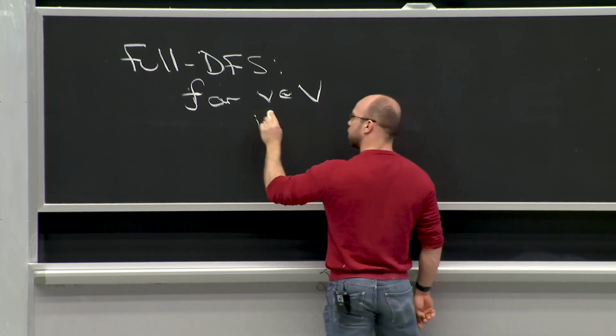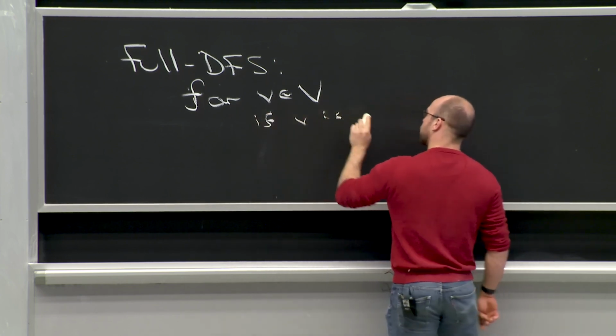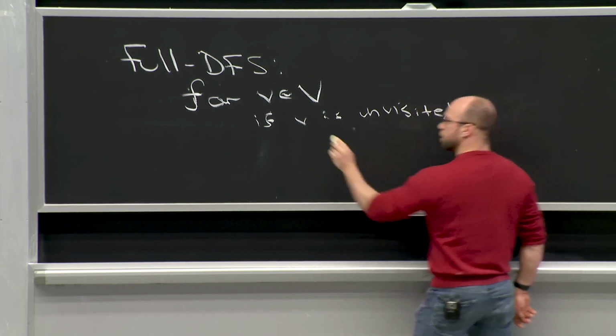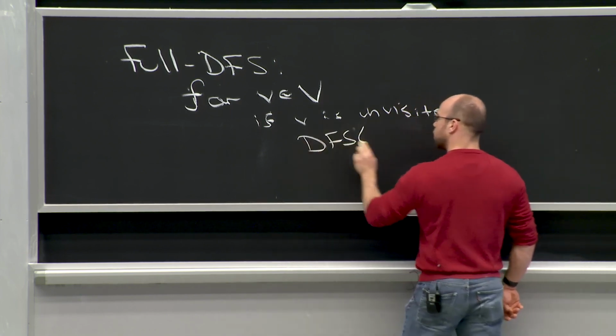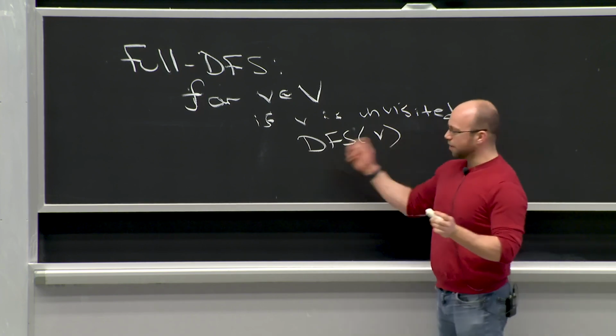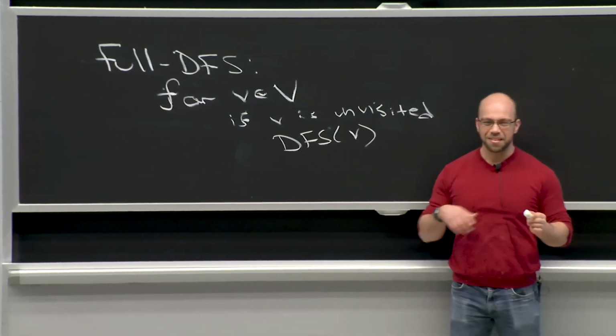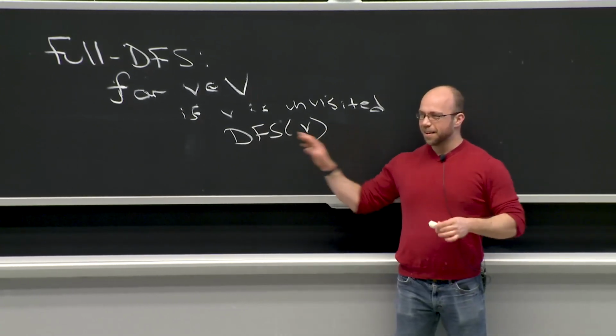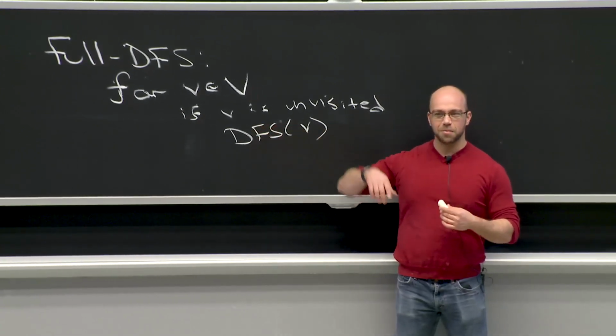So if V is unvisited, then I'm going to do DFS starting at V. I guess we use visit to refer to this in the previous slide. And that's going to flood fill that whole connected component. And then I can collect that connected component and continue.